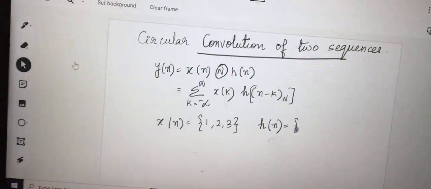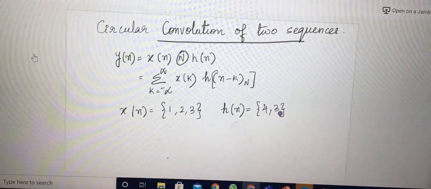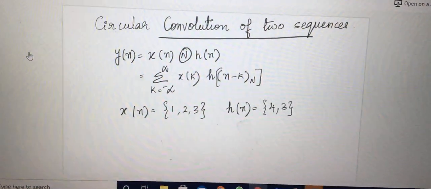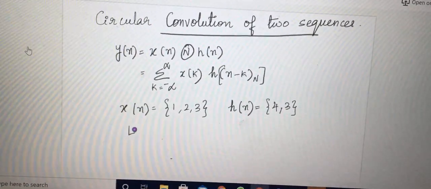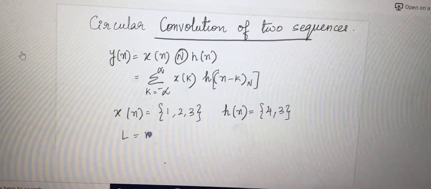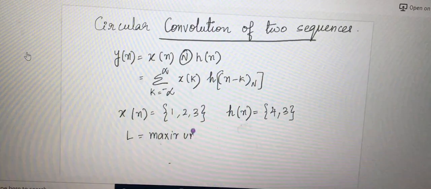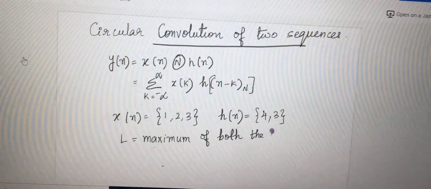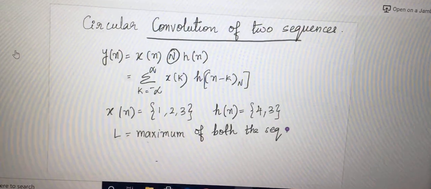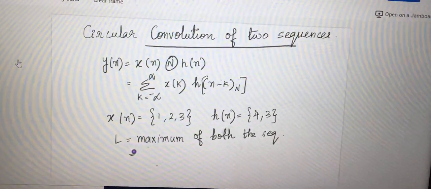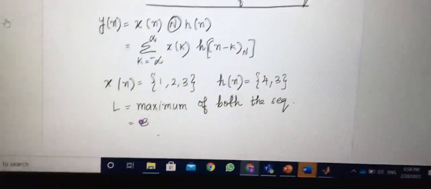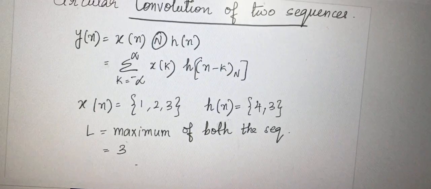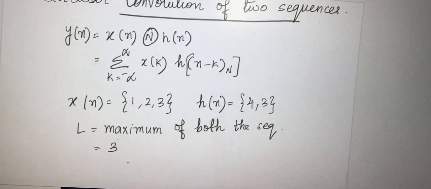So the first step in finding out circular convolution is the sequence length, the total length should be the maximum of both the sequences. So here the maximum length will be equal to 3. If the length is not equal to 3, then we should pad zeros to the sequence and make it equal to 3.